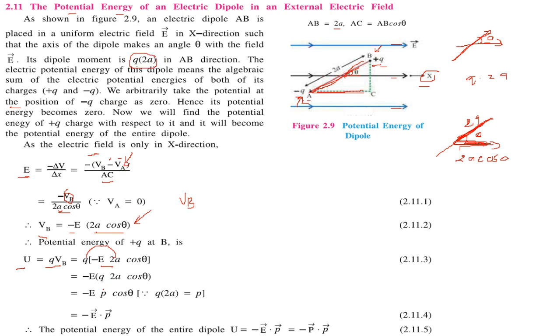So we can write E P cos theta. And what is this E P cos theta? This has to be E dot P, because the dot product is E P cos theta. So this U becomes minus E dot P. So the potential energy because of this entire dipole is nothing but minus E dot P. This is the value.